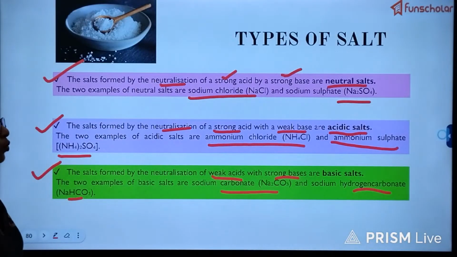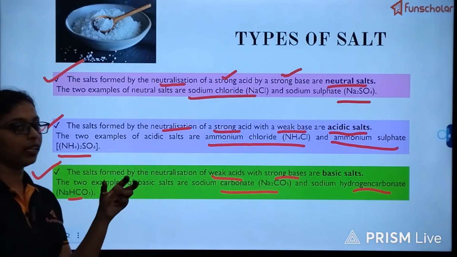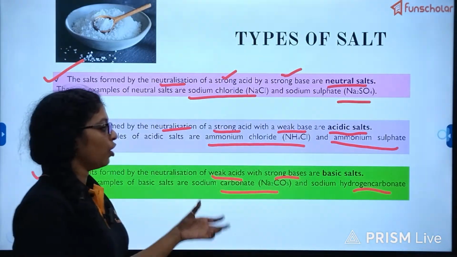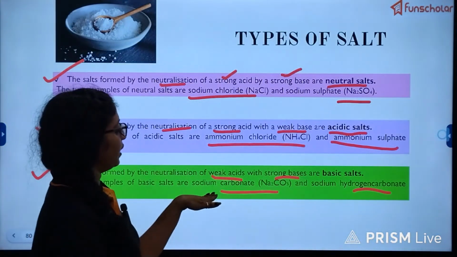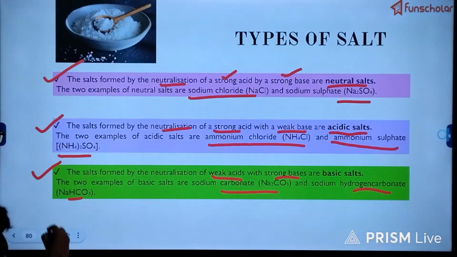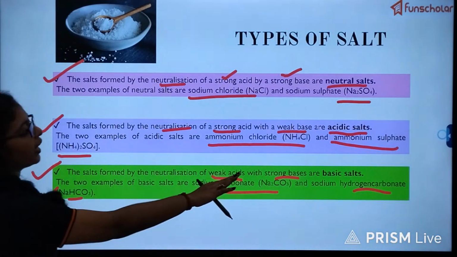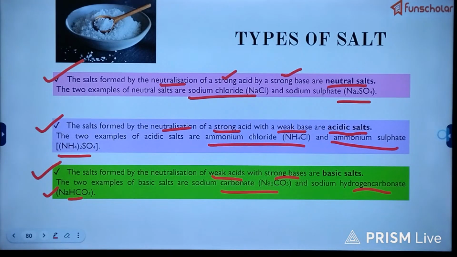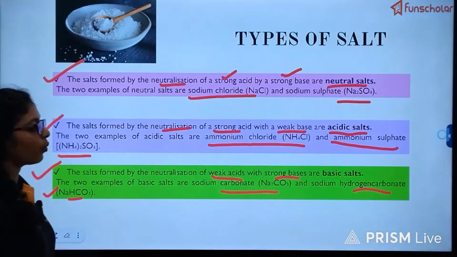Can you name two substances in our daily life in which we can find sodium carbonate and sodium hydrogen carbonate? We already know that in baking soda we get sodium hydrogen carbonate, right? But what about sodium carbonate?